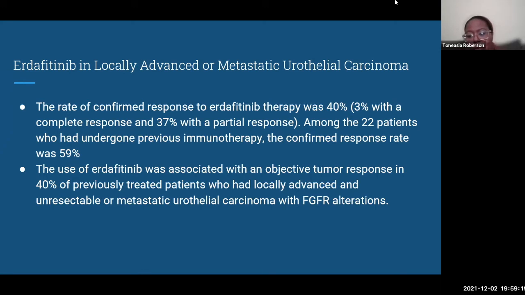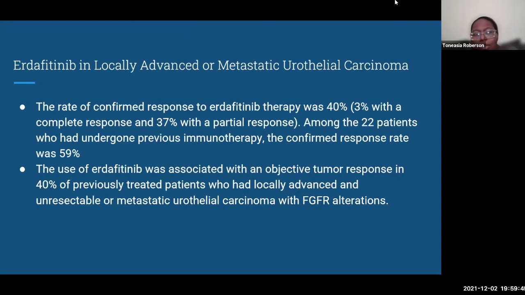The primary endpoint for this was the confirmed response rate among patients, and the confirmed response rate to the erdafitinib therapy was 40%, 3% with a complete response, and 37% with a partial response.